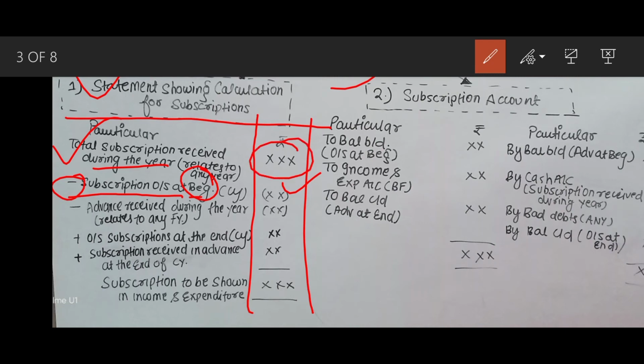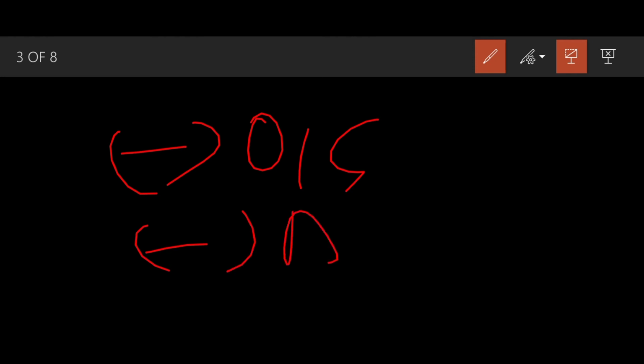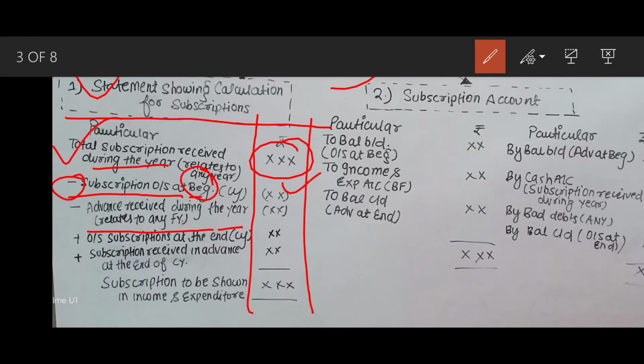Now you have to deduct advance received during the year, relating to any financial year or any future year. So you have to deduct outstanding, you have to deduct advance, right? Now you have to add subscription at the end. Basically it goes in reciprocation, or I can say inversely.